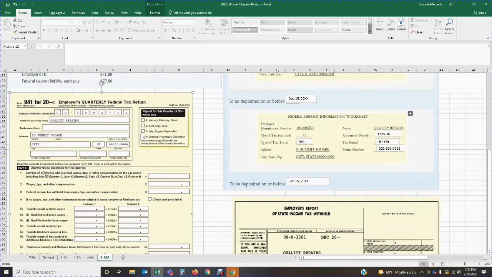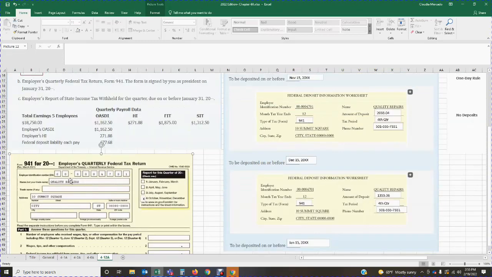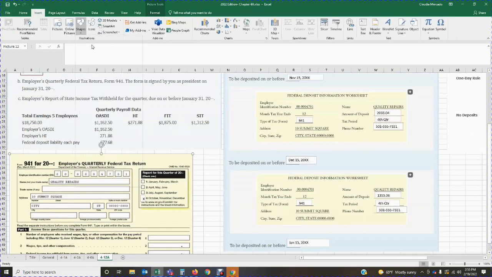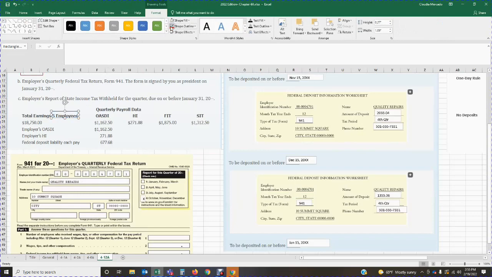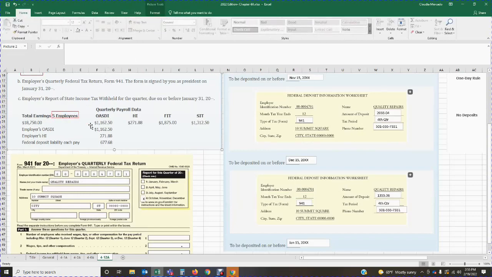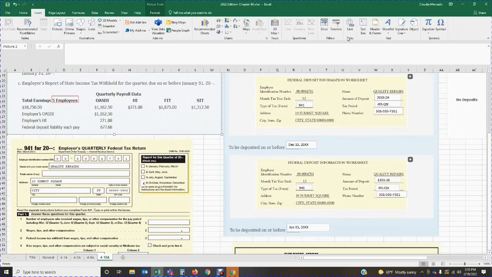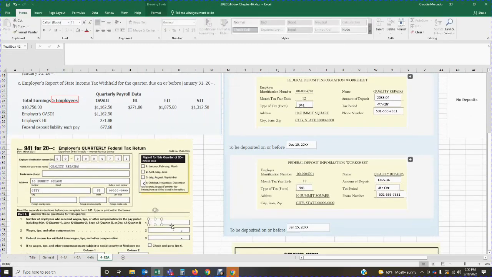Line number 1. How many employees did we have? According to the problem, and this is where you have to read, we have 5 employees. So I'm going to enter the number of employees in line number 1, which is 5.